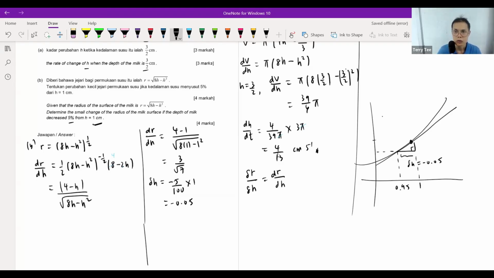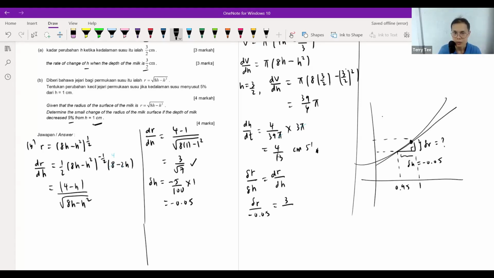So your delta r, we need to find. Your delta h is negative 0.05. Your dr/dh, which is this value here, 3 over square root 7, is your gradient.